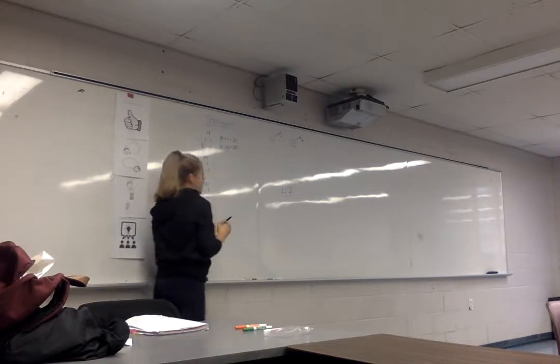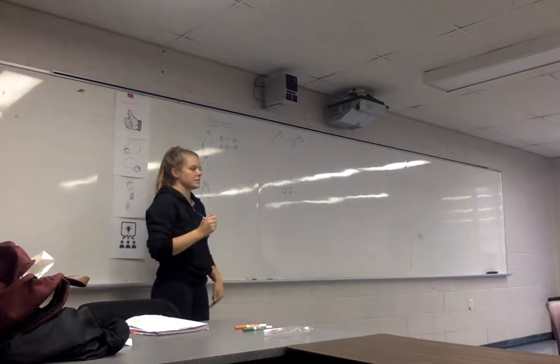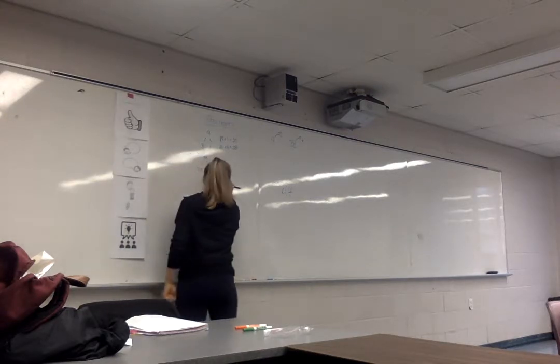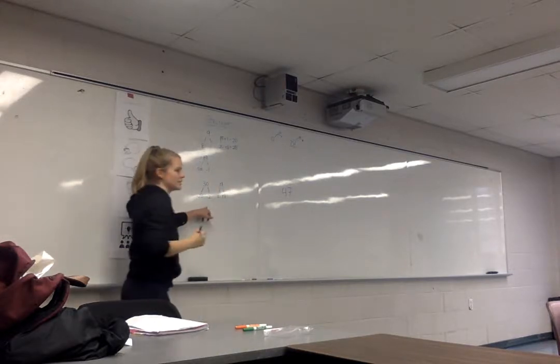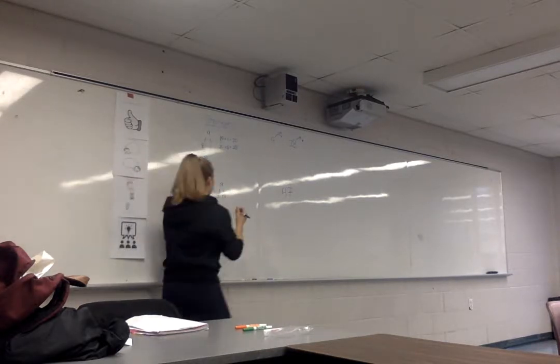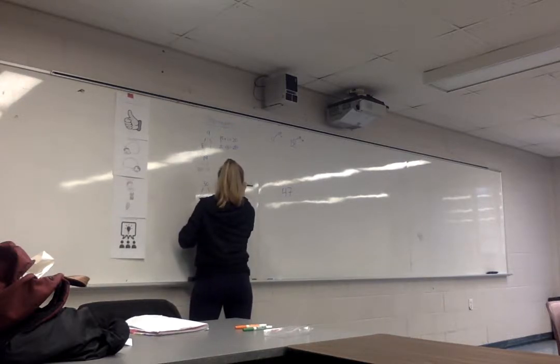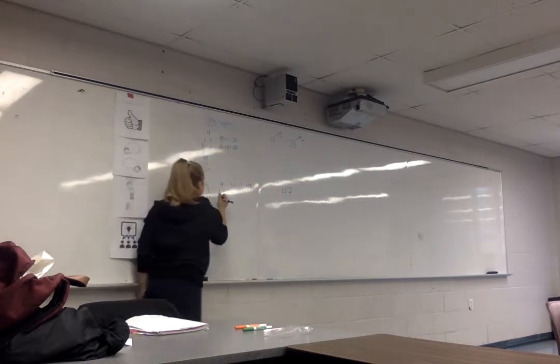Right? So she got to 30, and then she just added the 17 that she took away, because 19 is 2 and 17. Does that make sense? Okay. So then she did 30 plus 17 equals 47.